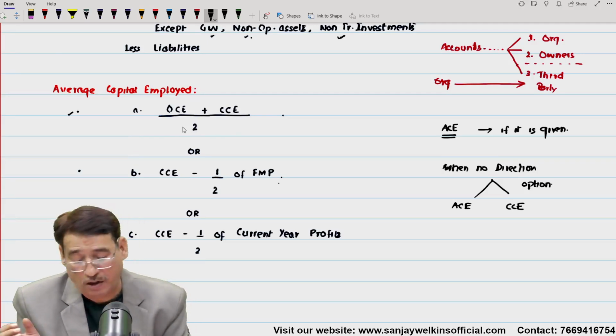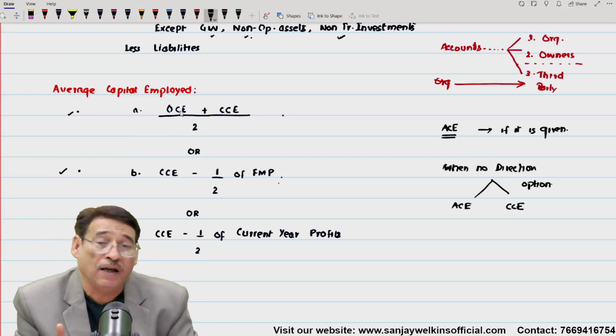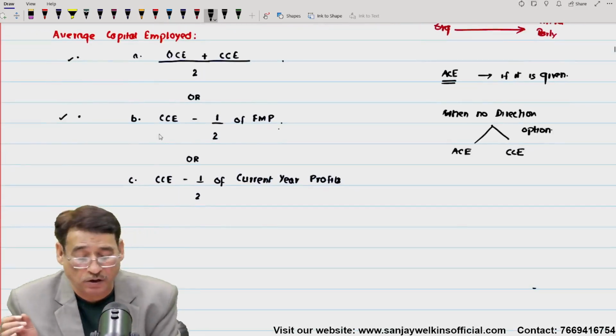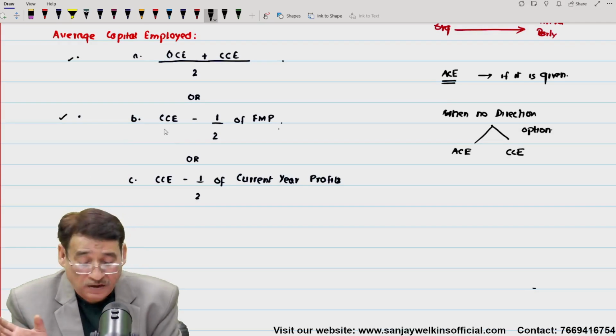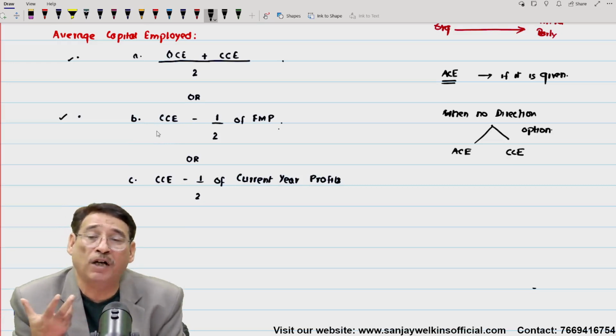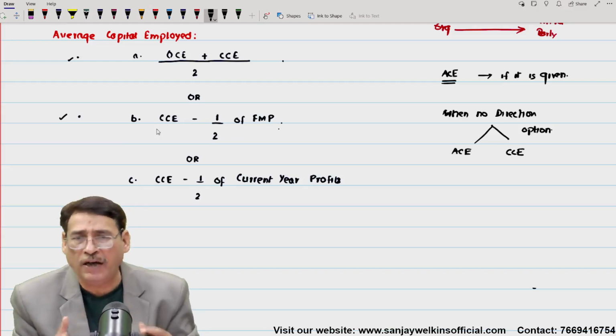Because you cannot use this method, then as an alternative to compute the average capital employed, you will go for this method. CC means closing capital employed. Whenever we say the word capital employed, it always means closing capital employed. Why is it so?